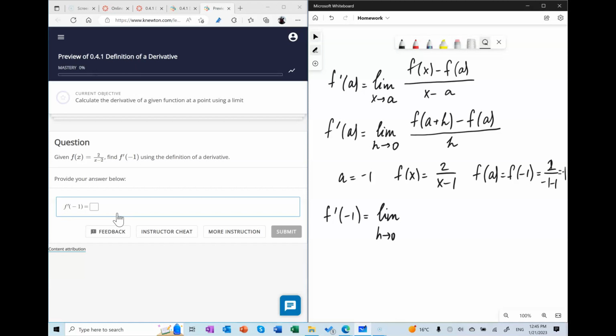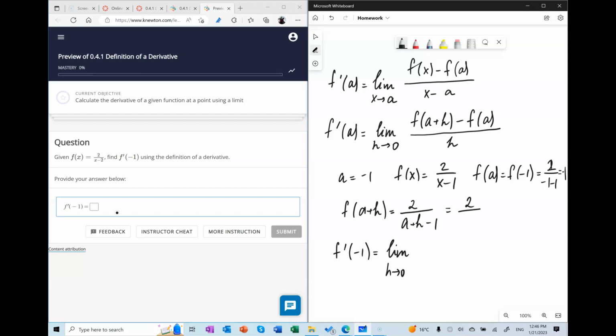We also want to spell out what f of a plus h would be. In this case, it will be 2 over a plus h. We plug that in for x, but a is given, a is -1. So this is what we have.